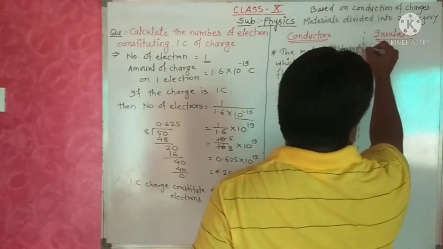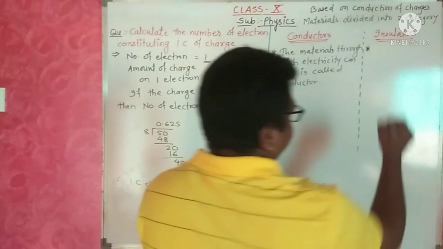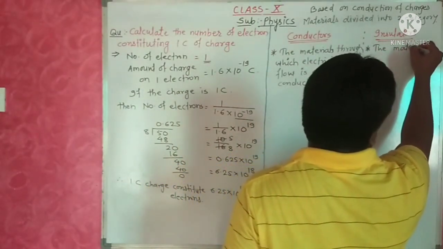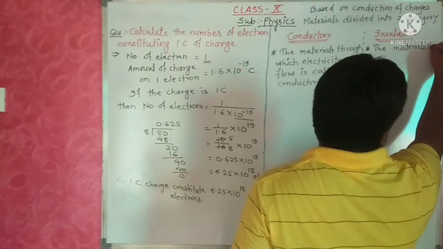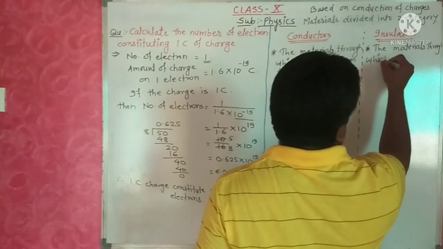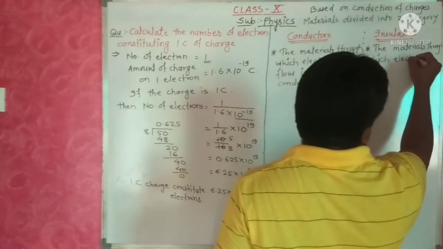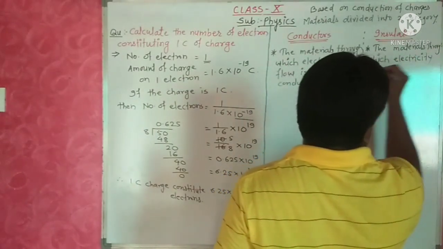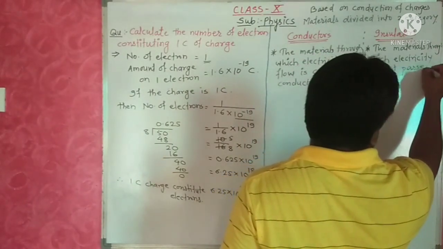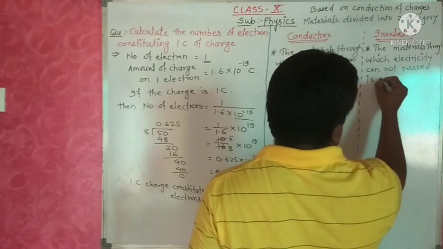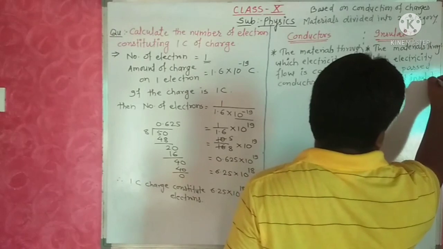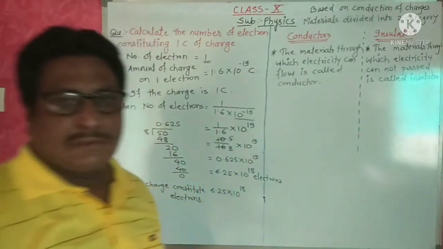And what is the meaning of insulator? The materials through which electricity cannot pass are called insulators.